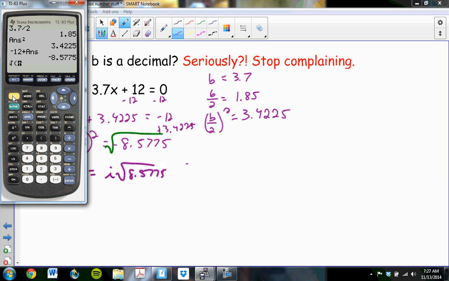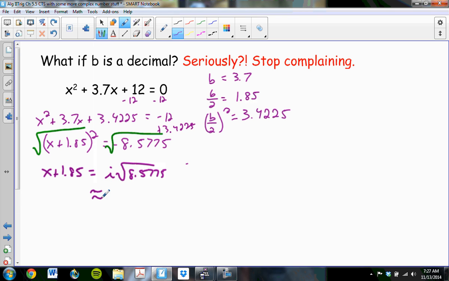The opposite of this answer is going to be positive 8.5775. I get 2.93, which I'll call 2.93. So subtract 1.85 from both sides, and I get -1.85 ± 2.93i. I can calculate both of those answers. There would be two. Whatever they are, I don't really care right now.